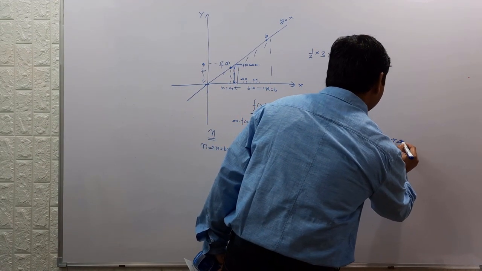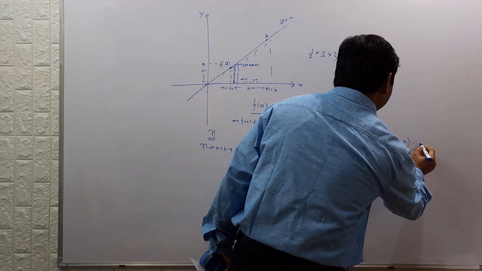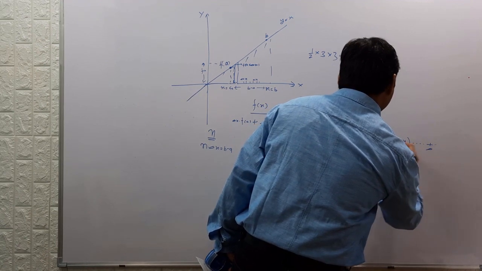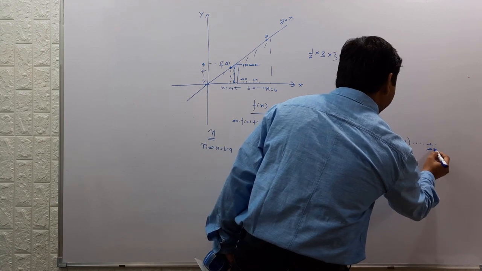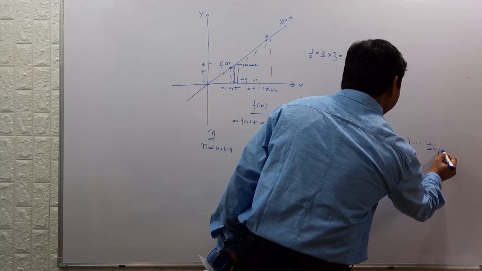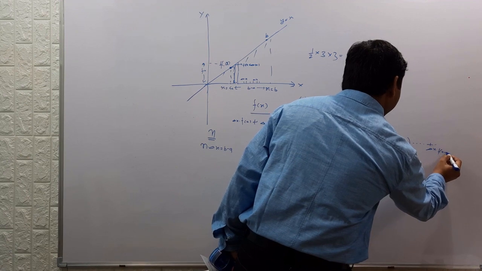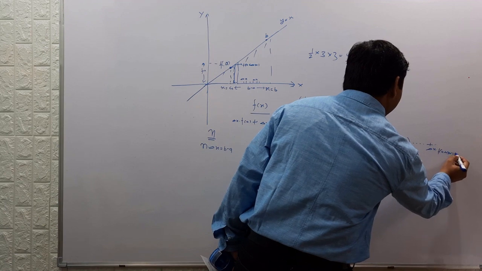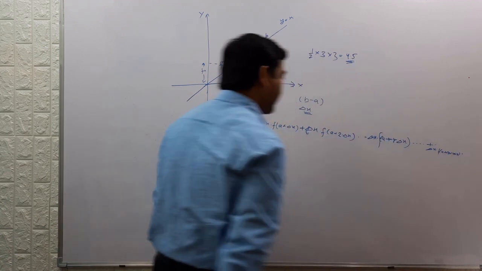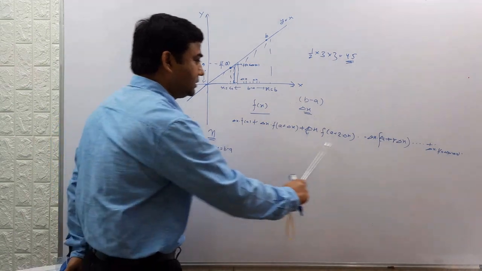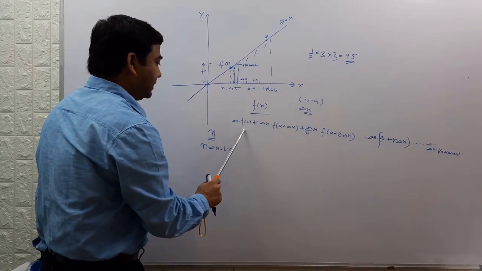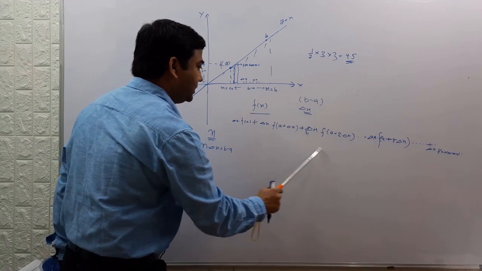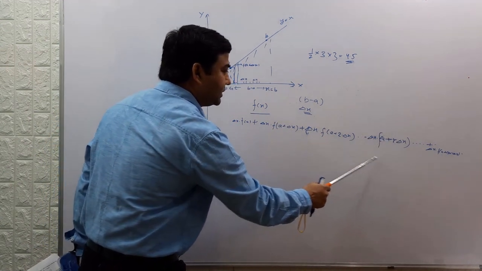Just see this series: area of first rectangle, area of second rectangle, area of third rectangle, area of rth rectangle.